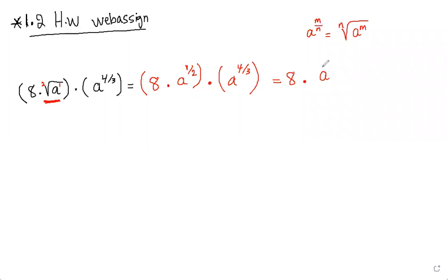So this is equal to 8 times a to the power 1 half plus 4 over 3. Now we learned how to add fractions in previous classes. It's 11 over 6. Or let me explain more: 1 over 2 plus 4 over 3.